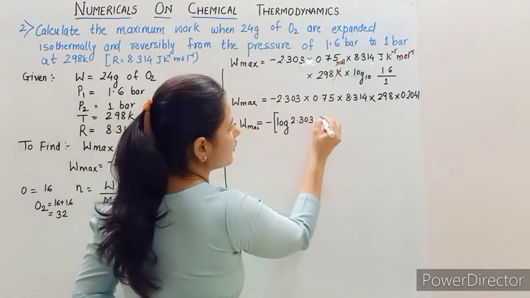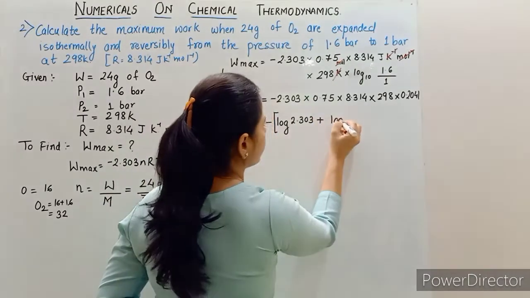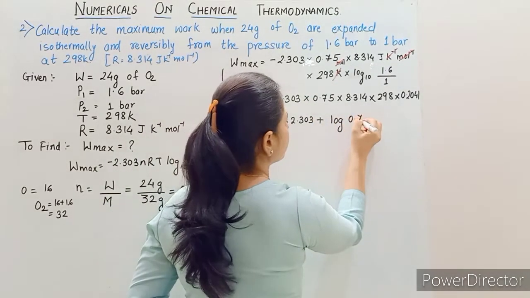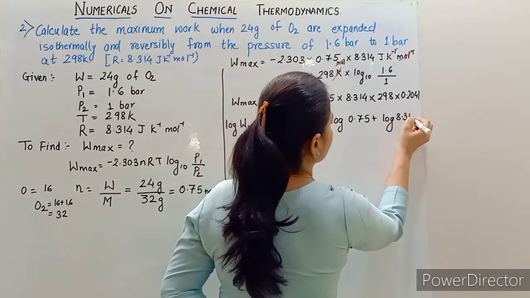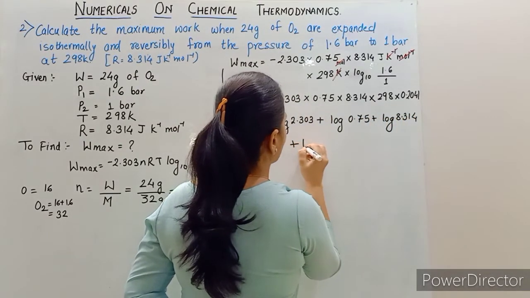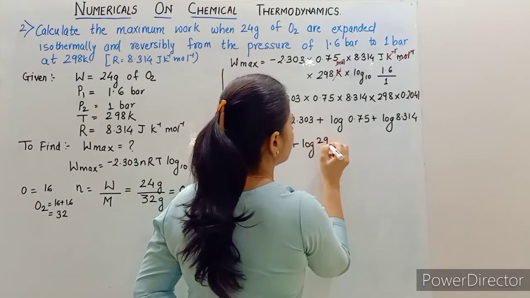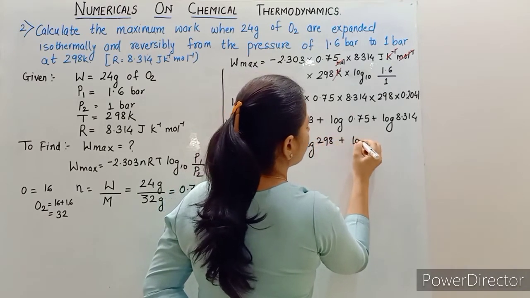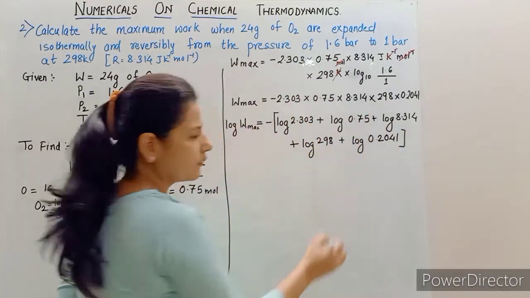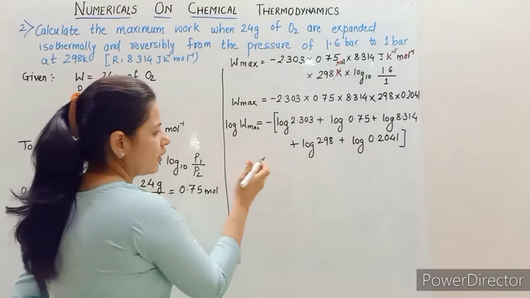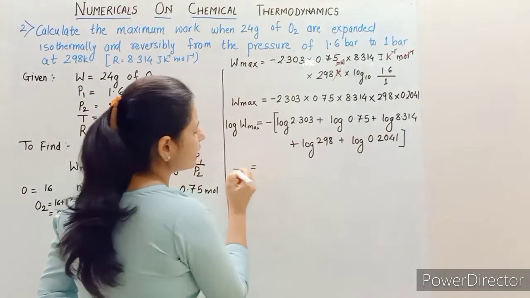Since the multiplication is there, I will give the plus sign. So plus log of 0.75 plus log of 8.314 plus log of 298 plus log of 0.2041.